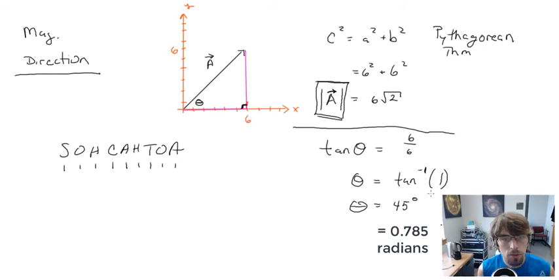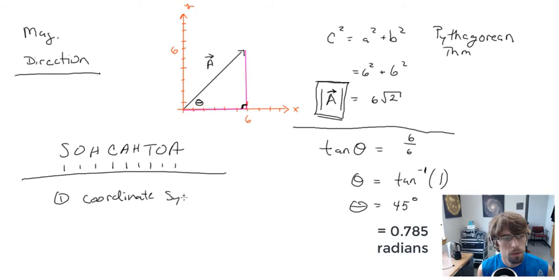And you're done. Let's summarize here. What you did was you drew a coordinate system. Then you translated the vector to the origin, such that the tail is at the origin.